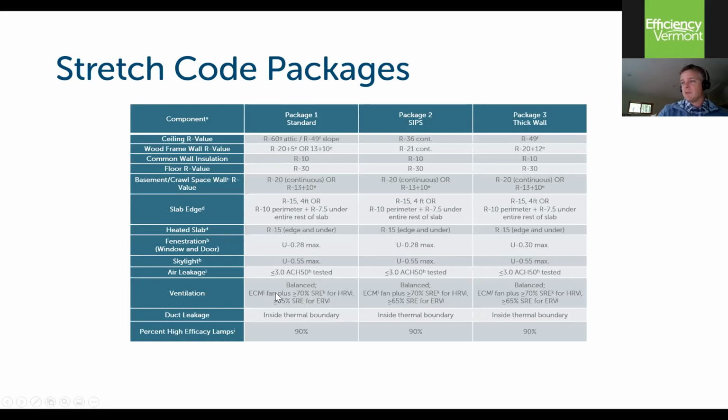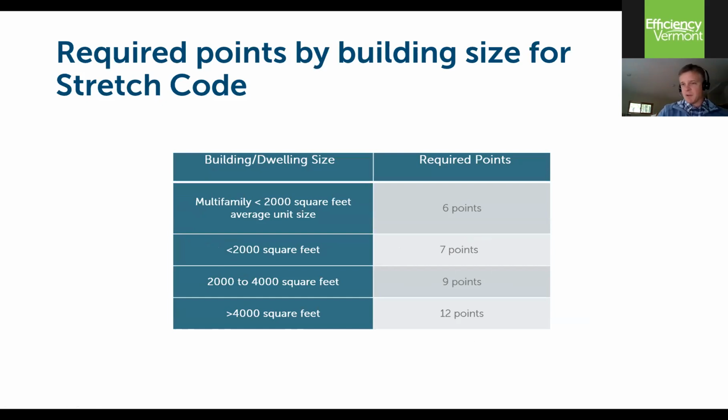Again, balanced heat recovery ventilation instead of exhaust only. So it ups the ante for performance a bit above what base code requires. And as with base code, there is a requirement again for points. So same table as far as square footages go, but more points required here. So you're up a couple points, few points, depending on the square feet of the house, than you would be for base code.